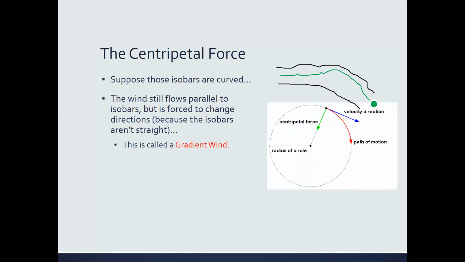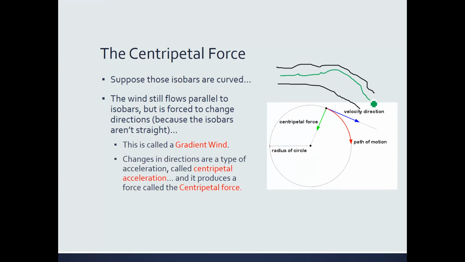This is what's called a gradient wind. And the change in direction is called centripetal acceleration, and it produces a force called the centripetal force. That's all you need to know about centripetal force. Centripetal force is always directed into the center of a pressure system.